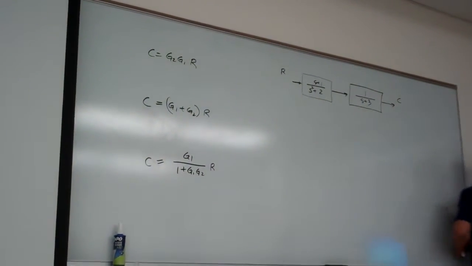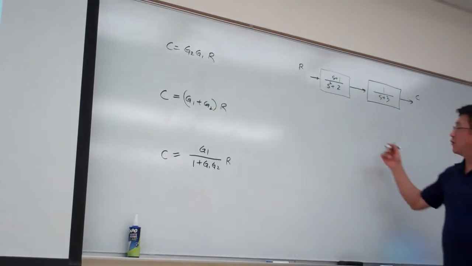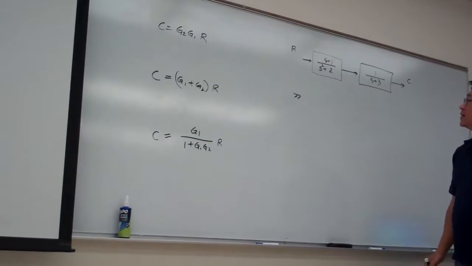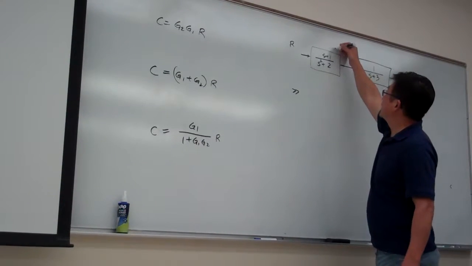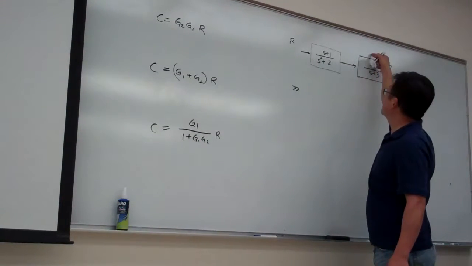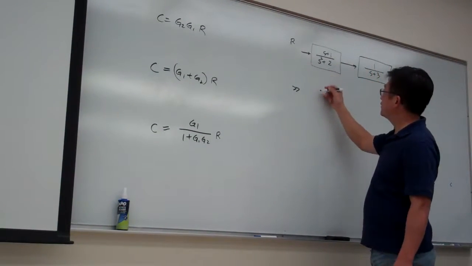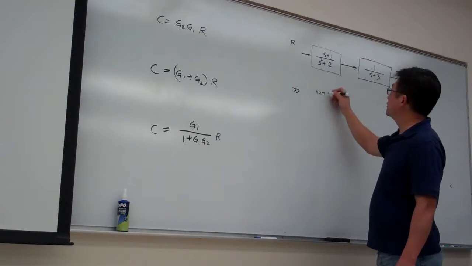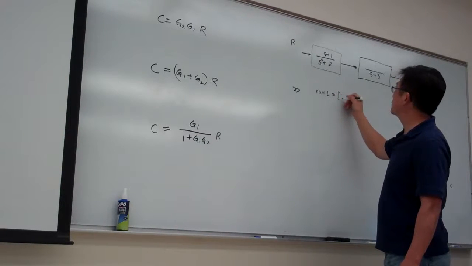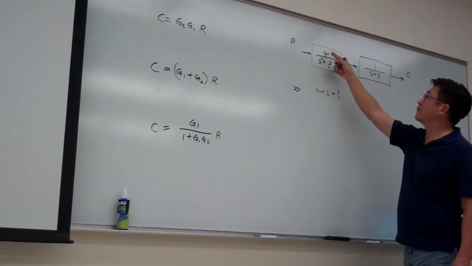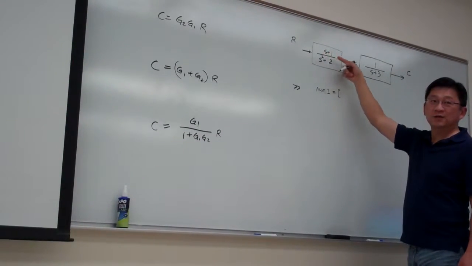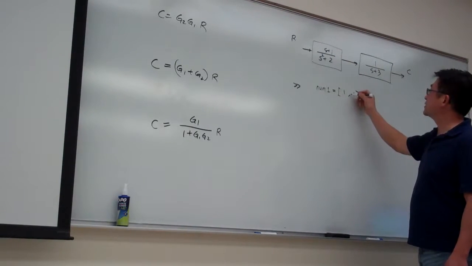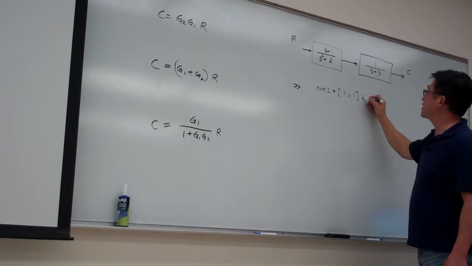So for this example, once you type it into the MATLAB command, here is our transfer function 1, and here is our transfer function 2. For transfer function 1, you can say the numerator equals the coefficients from the highest degree in descending order. So 1, 1. Okay, these are common here. You can put a semicolon.